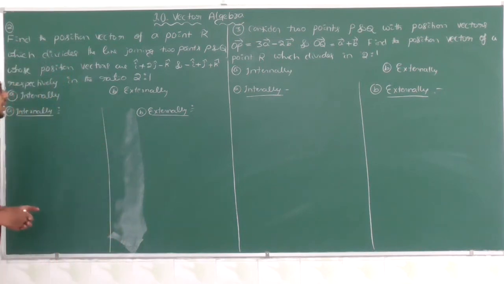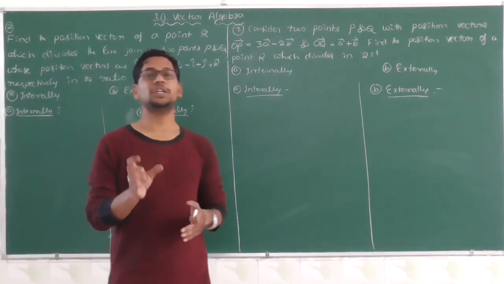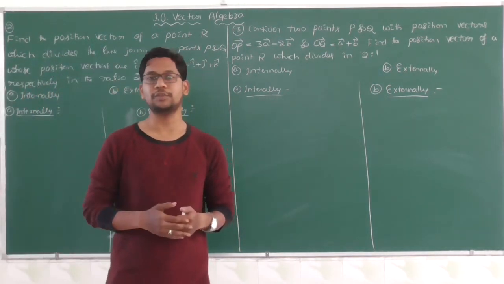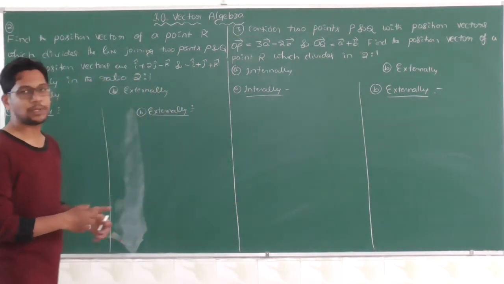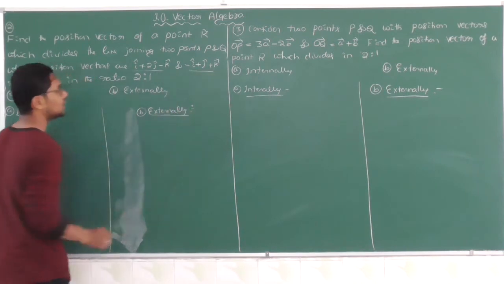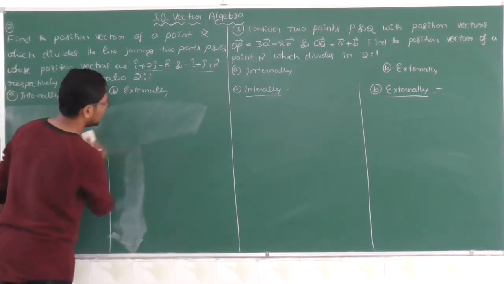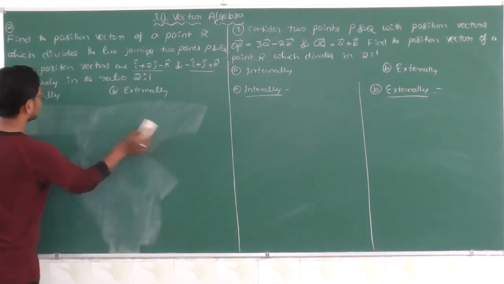Also, in our previous class, I gave one small trick to remember the section formula, right? I will apply that here. Here we have given two vectors. Let us take those vectors as A vector and B vector.